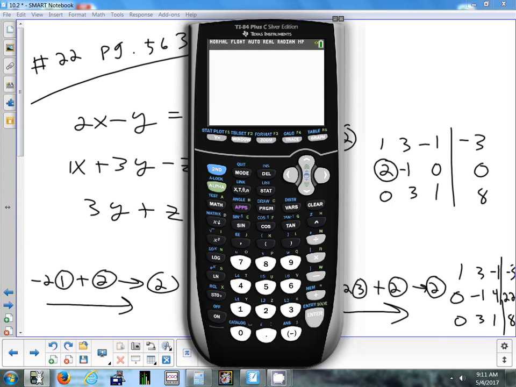Now I need to plug in the right half, which is in a different matrix, 3 by 1: negative 3, 0, 8. There we go. All right, so we're going to take matrix A, do that, matrix B, and the last answer is supposed to be 5.69.